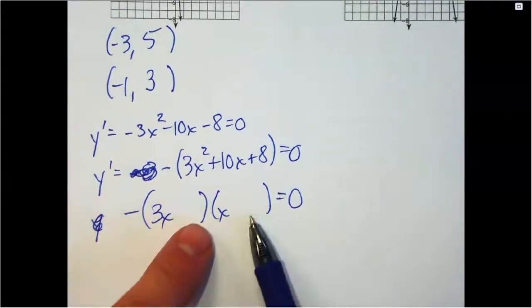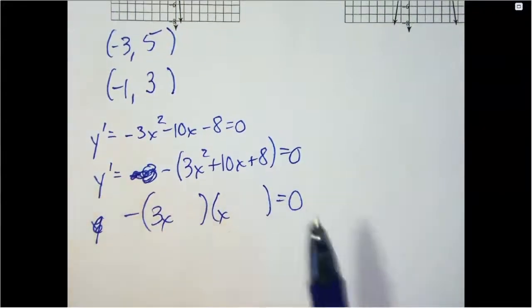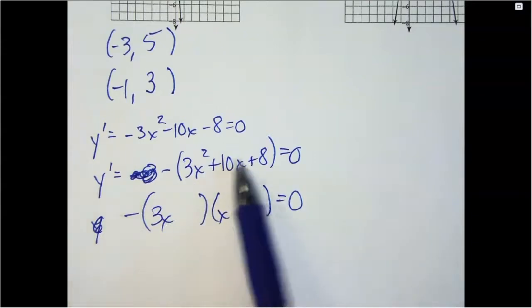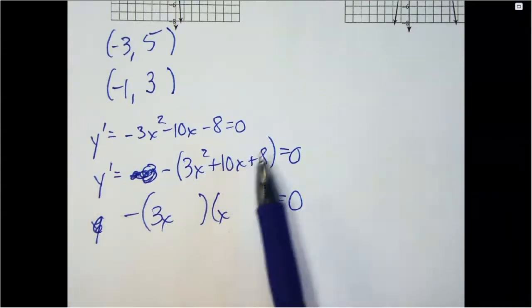So I'll give you a second to try and figure out what goes in what spot, because you're trying to make the middle term 10x after you FOIL.